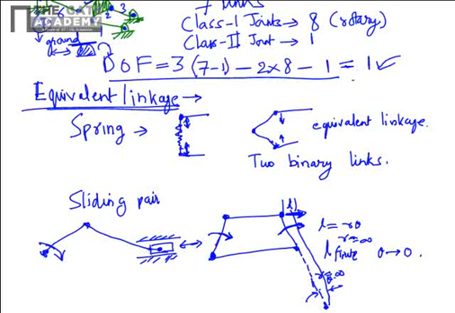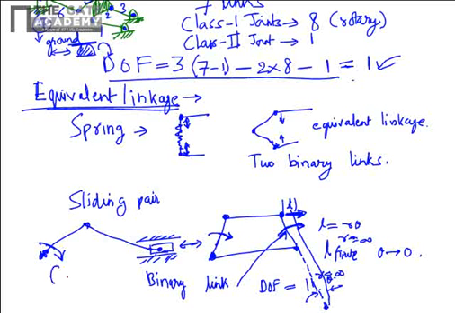So that is why you can replace the sliding pair by a binary link. There is a binary link here which is joined to two other links. So you can replace the sliding pair by a binary link. The degree of freedom of a binary link is 1, and the degree of freedom of a sliding pair is also 1. So in some cases it may help you to simplify the problem.